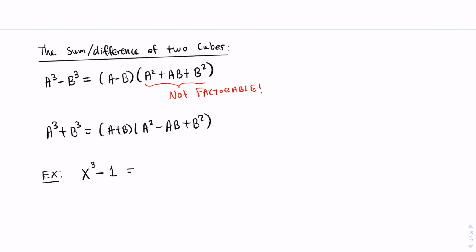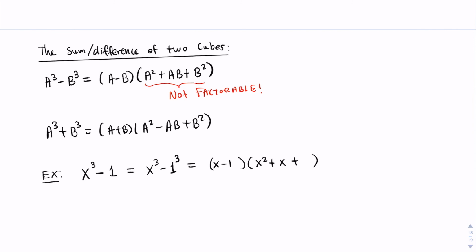This is nothing more than x cubed minus 1 cubed, since 1 cubed is 1. So we can see that this will be the difference of 2 cubes, and you can identify what a and b are going to be here. This is going to be x minus 1, a minus b. And this will be a squared, so it's x squared, plus ab, which is x times 1, which is just x.